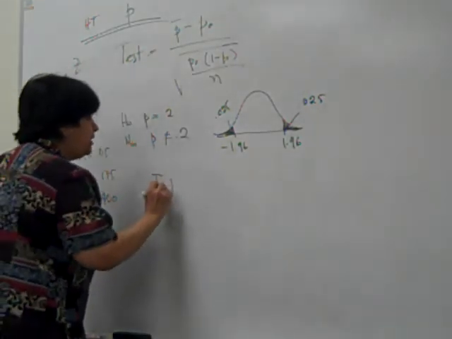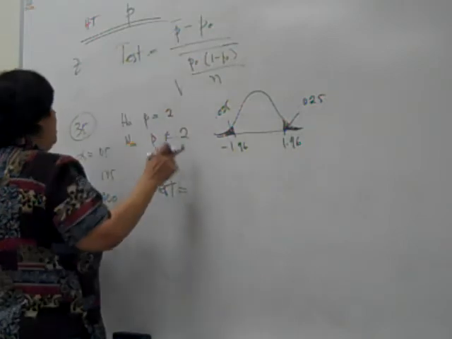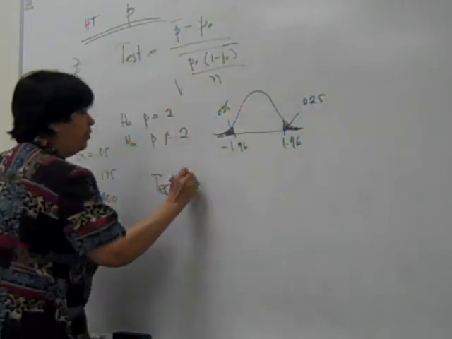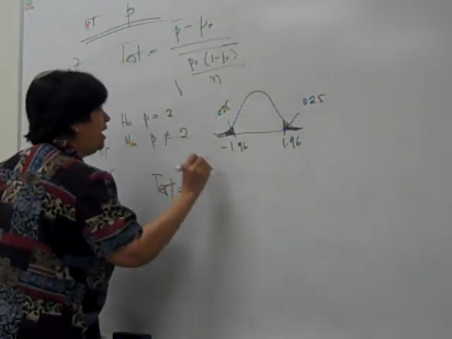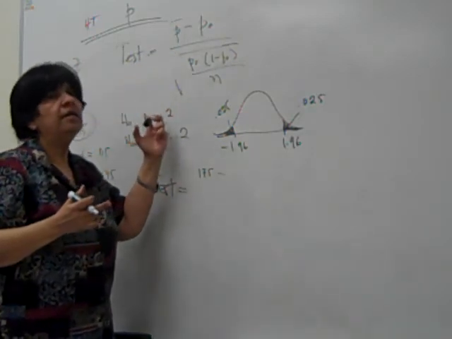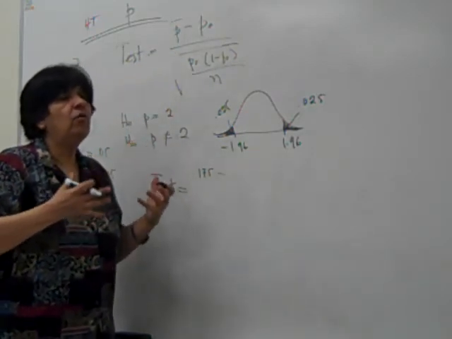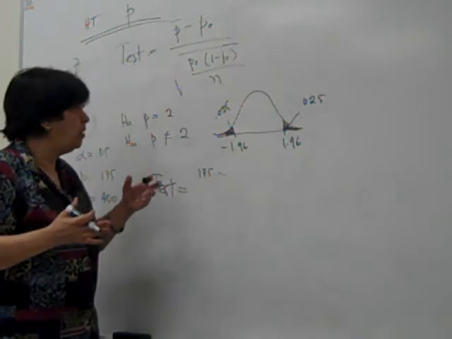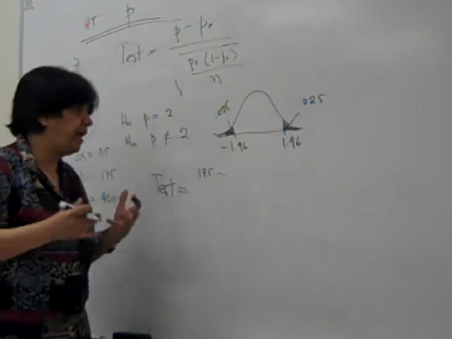So what is the test value? It is p-bar, 0.175, minus p0. P0 again is the constant that we are testing, making our hypothesis about the population parameter against.